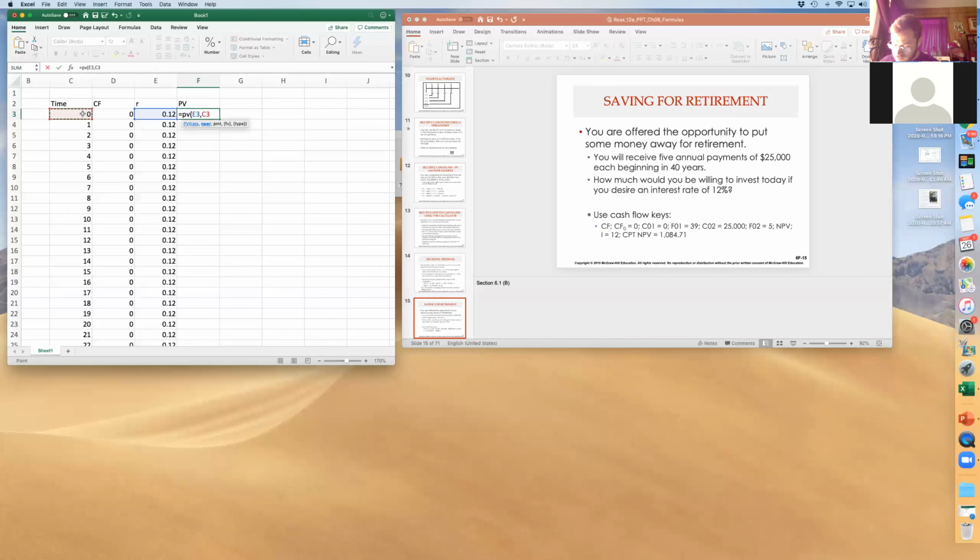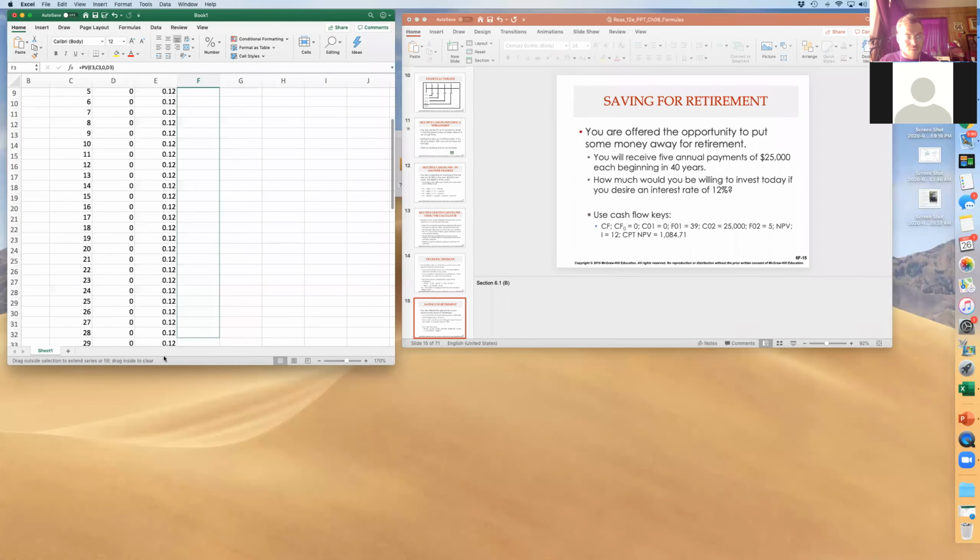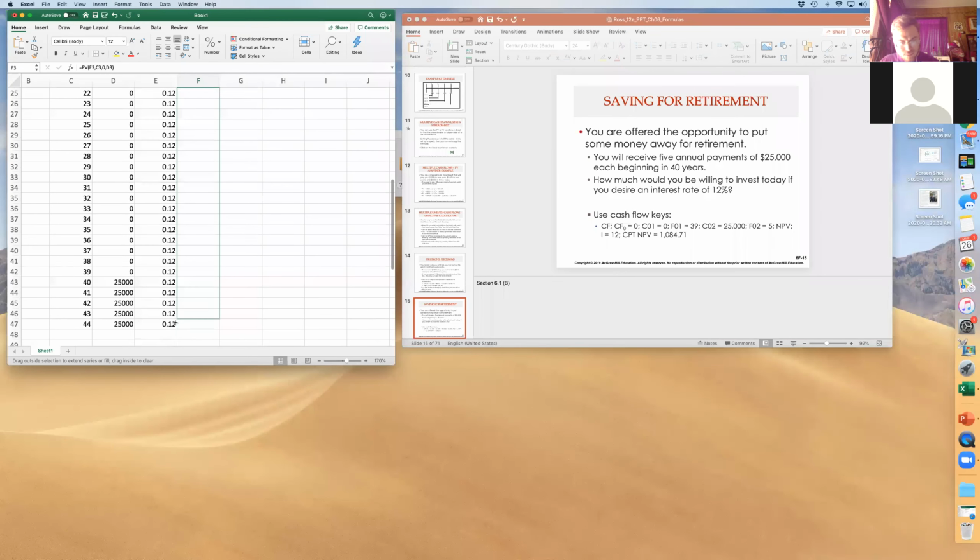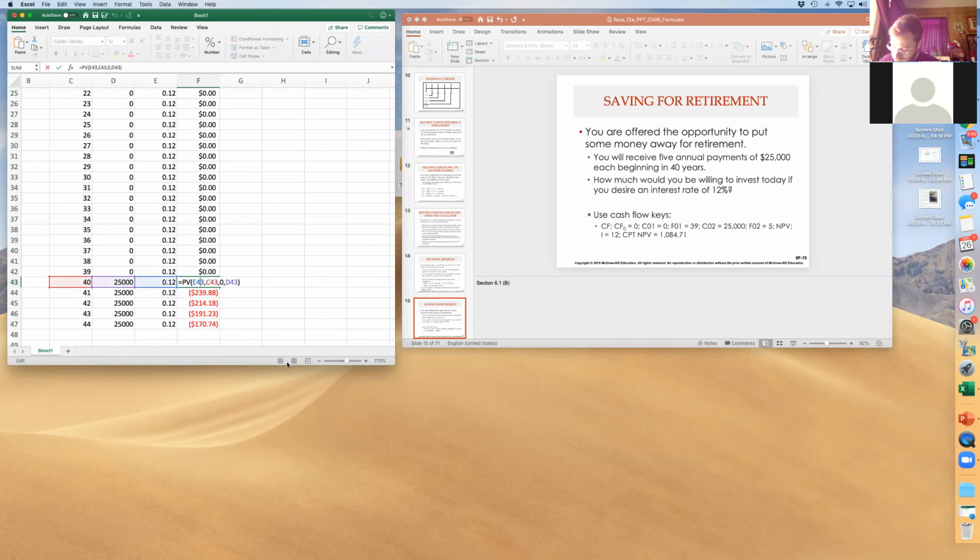And there is no payment, and the future value is the cash flow. And you can see there's just going to be a series of zeros all the way down until we get to the bottom here.